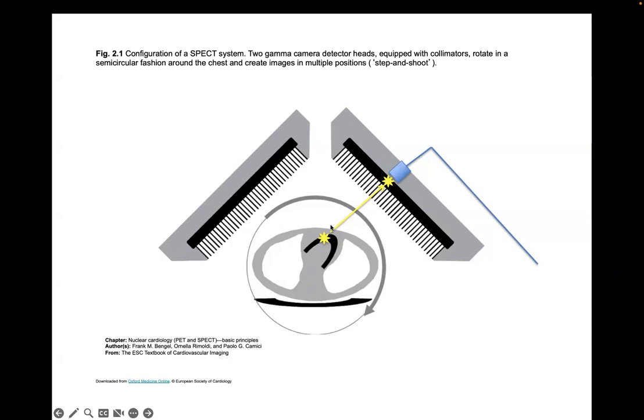So here's how it works from the physics standpoint. If we have an event in which a photon is emitted, and this is a 140 keV photon, and here's our detector.